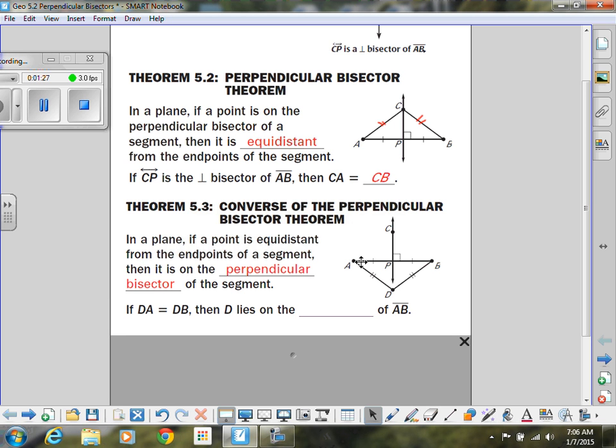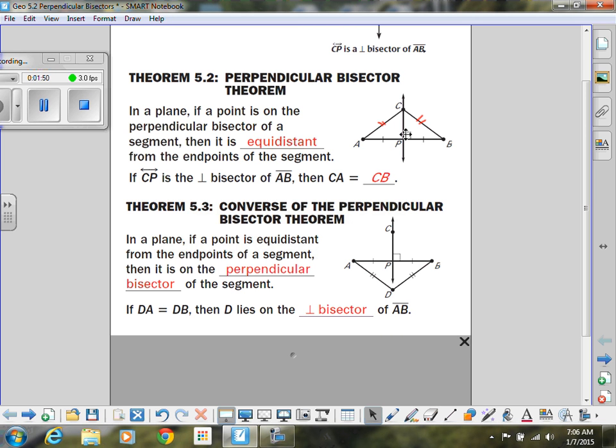And it's a bisector, so you can see that AP is marked congruent to BP. So if we already know that DA is congruent to DB, then we know that D has to lie on the perpendicular bisector. So even though it doesn't show it, we know that D is going to be on this perpendicular bisector CP. So that's just the converse.